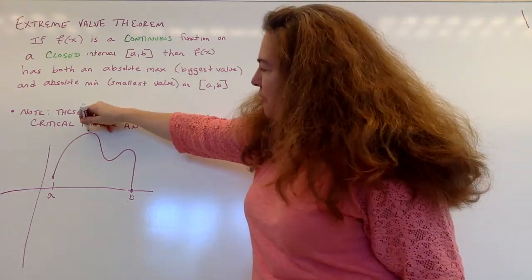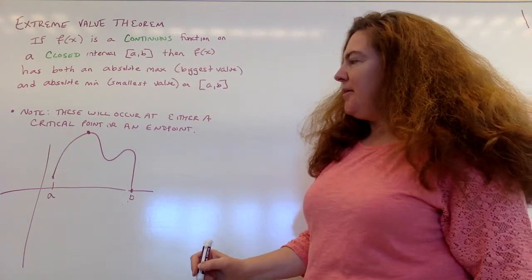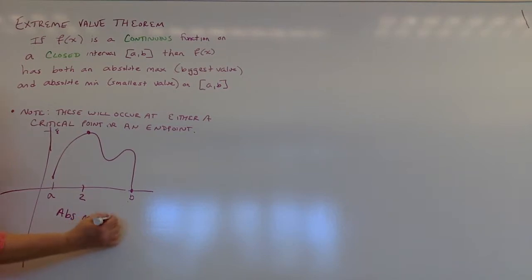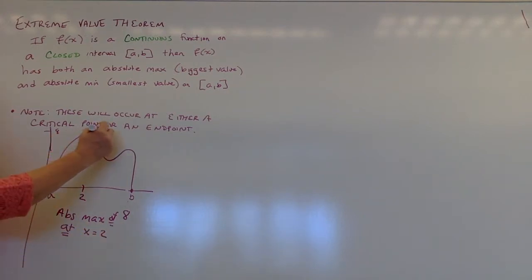So here's a critical point right here, and that's my absolute max. Let's suppose this is 8 and this is 2. We would say there's an absolute max of 8 at x equals 2.